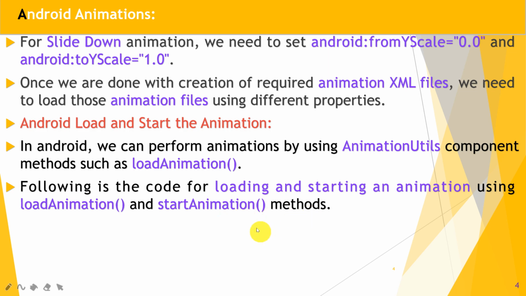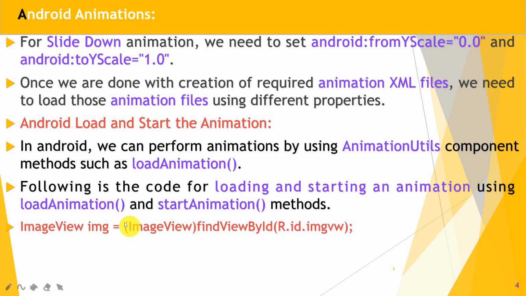So first, in the image view, we have to attach the source image for the image view control, then give the reference to that image view control in MainActivity.java using the findViewById method.